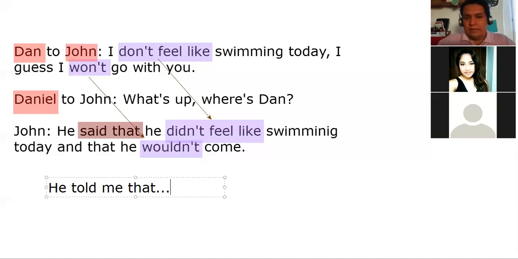But in real life, you can say he told me that, or he told us that. But I recommend that when you are doing an exercise online or on a piece of paper or at school, you just use said and said that, of course. Some teachers are really square, and they want to do it the way it is. But if you tell me, John, he told me that he didn't feel like swimming, it also is understandable.